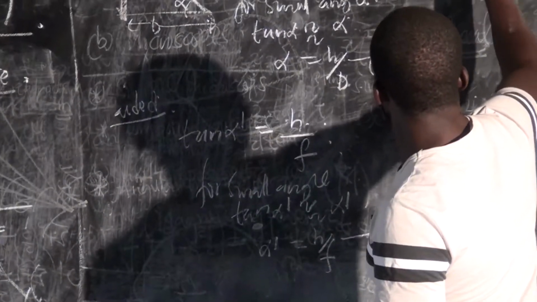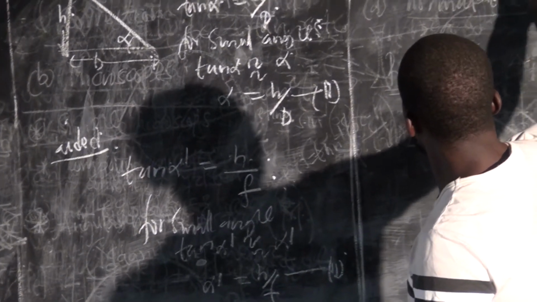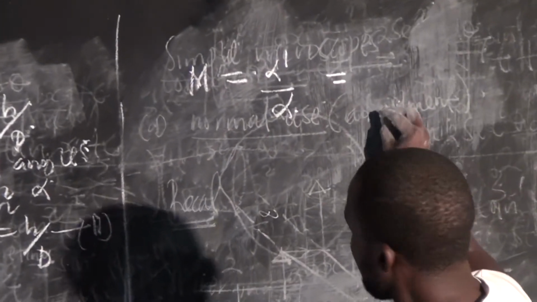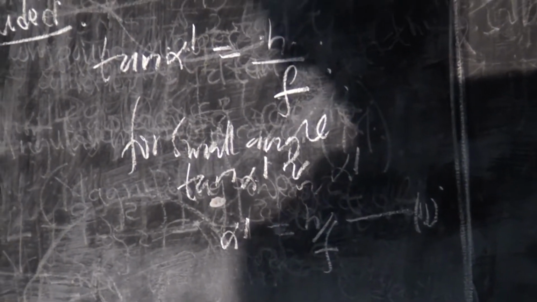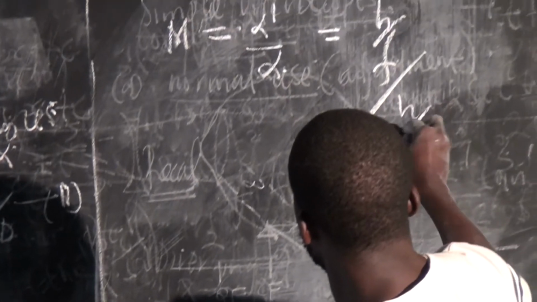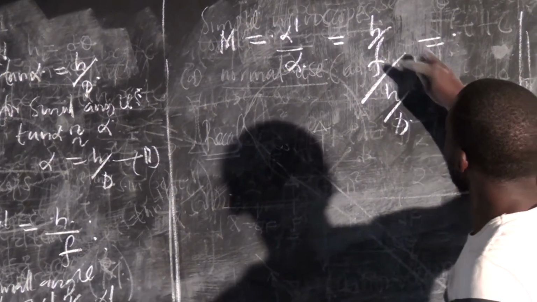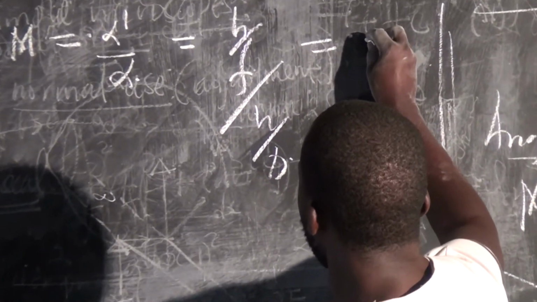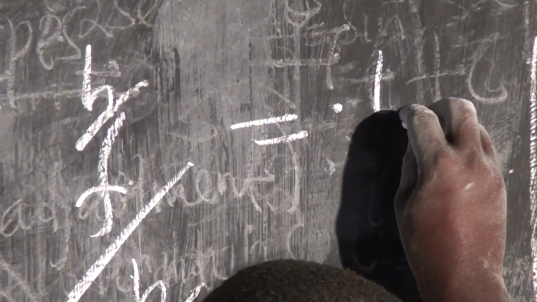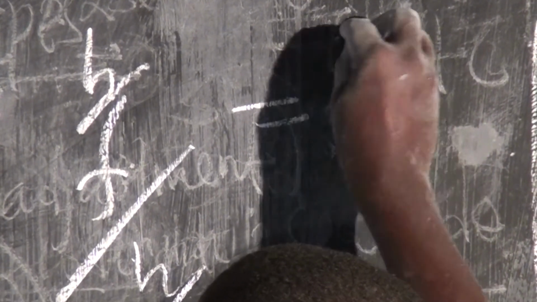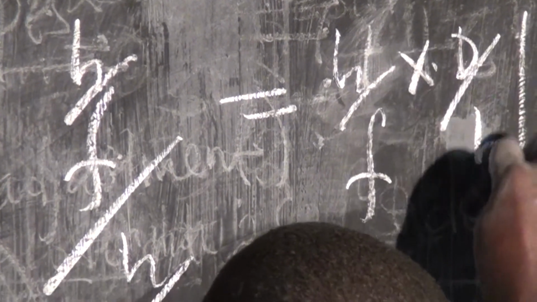So you have angular magnification being alpha prime over alpha. Here alpha prime is h over f, and alpha is h over d. So we shall have h over f times d over h.